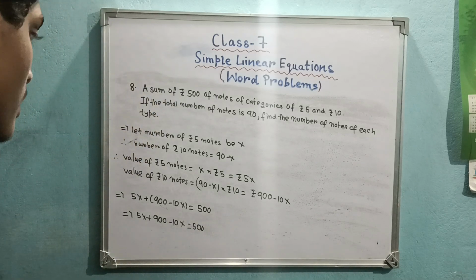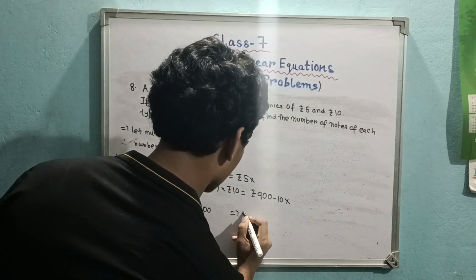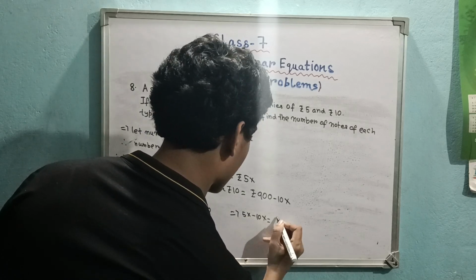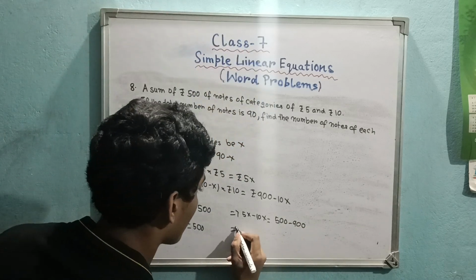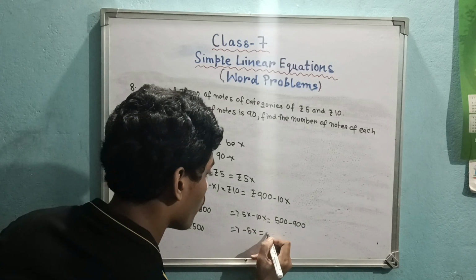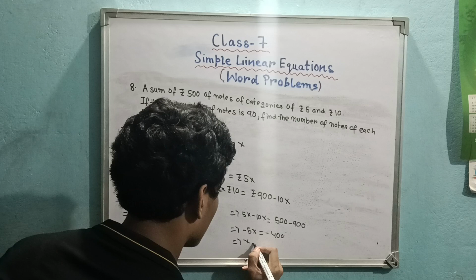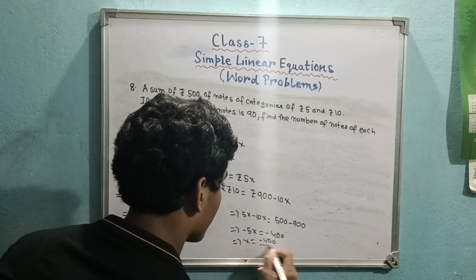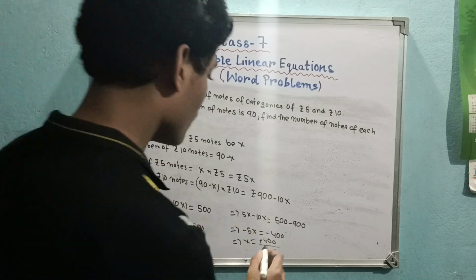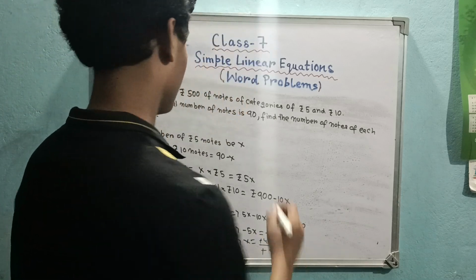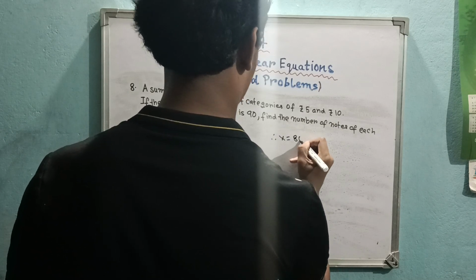Let us shift the constant terms to one side and the x terms to the other side: 5x minus 10x equal to 500 minus 900, or minus 5x equal to minus 400, or x equal to minus 400 by minus 5. Minus minus cancel out. 400 by 5 is 80. Therefore x equals 80.